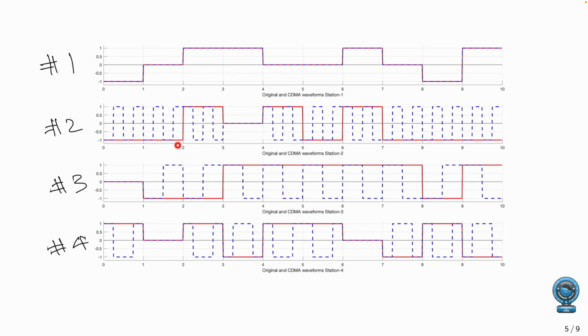Likewise, instead of the red flat pulse, the blue dashes will be sent. Likewise, instead of the original +1, this waveform will be sent. Similarly for station 3, the blue represents what is actually sent because of CDMA. Similarly for 4, and in fact for 1, the original one and the CDMA pulse train will be the same.